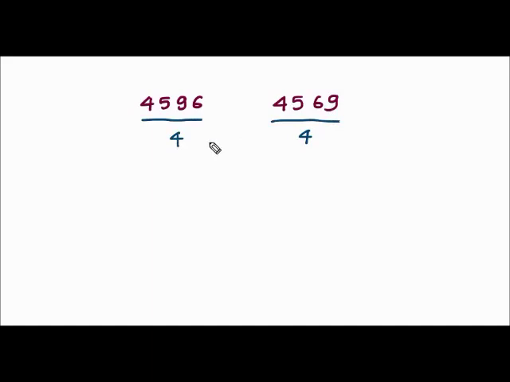They are equal, so we cannot use this rule. Now we go to the second rule. We take the leftmost digit down from both. Both are 4. They are equal, so I cannot determine which number is greater.